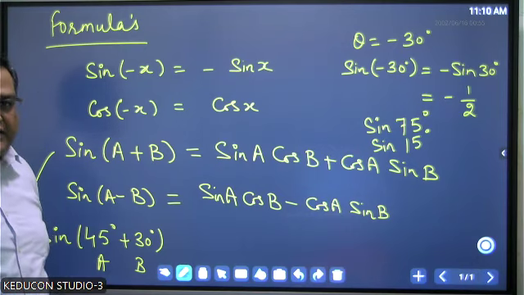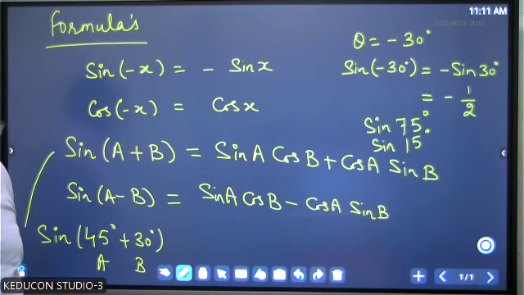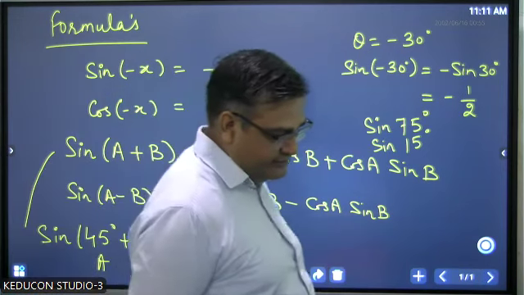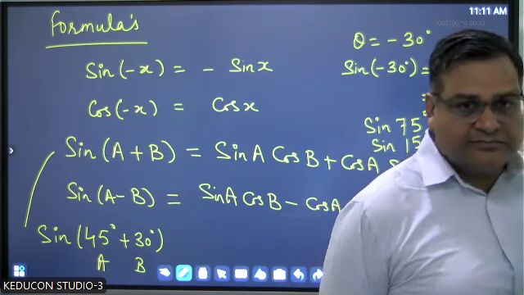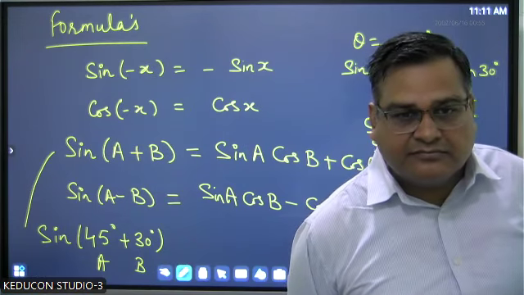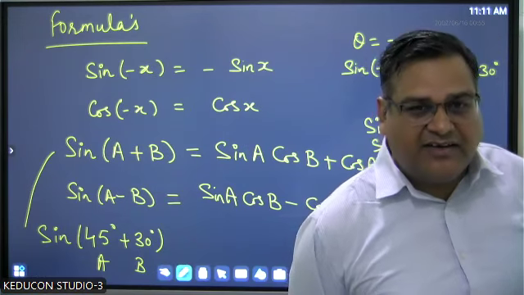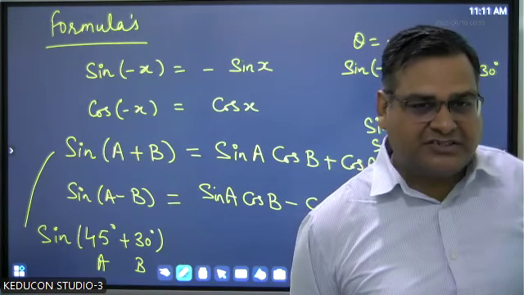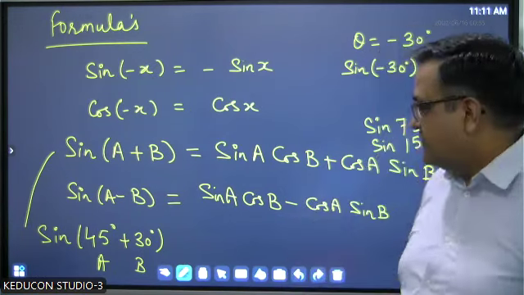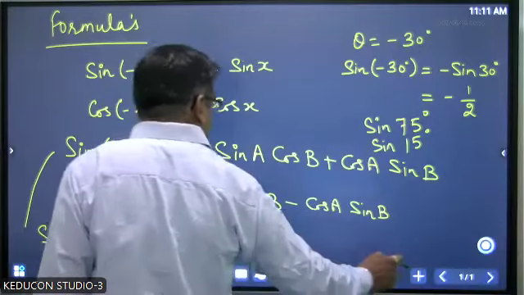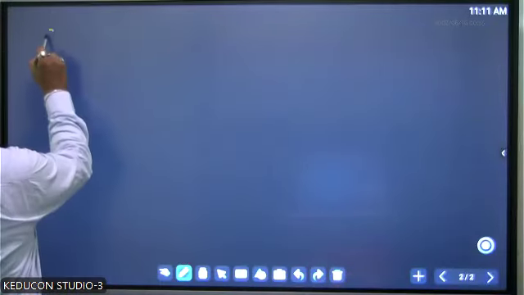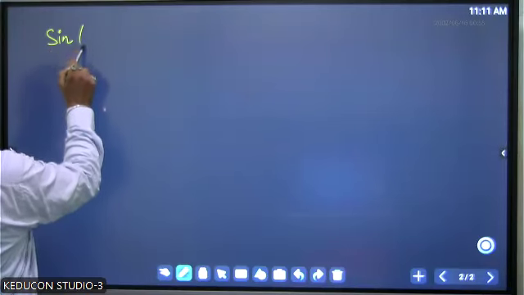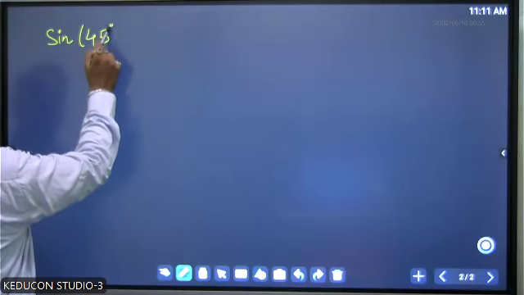Value of sine 75 degree. Three plus 1 over 2 root 2. Very good. Priyansh, right. So you have done absolutely correct. See, students, how to do this. Sine 45 plus 30 degree.